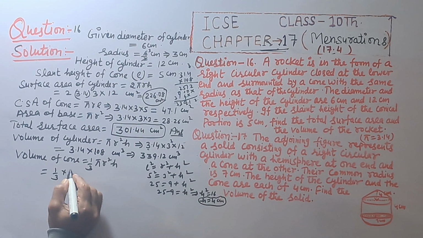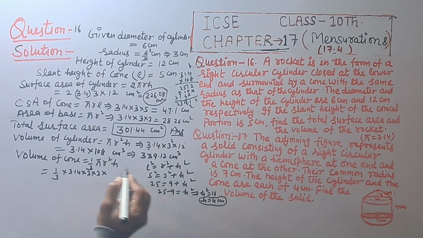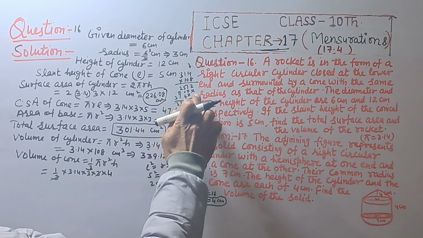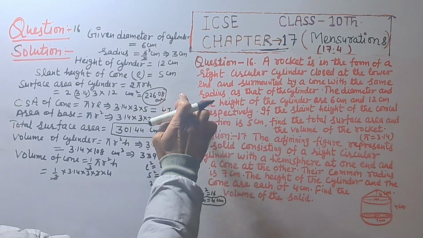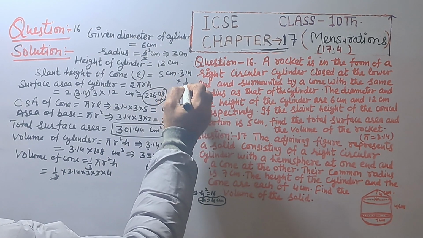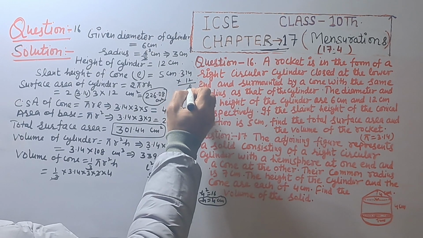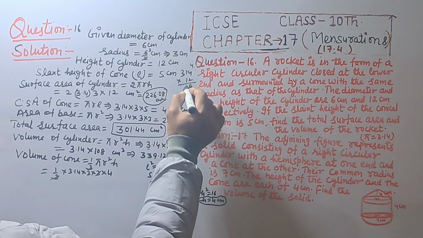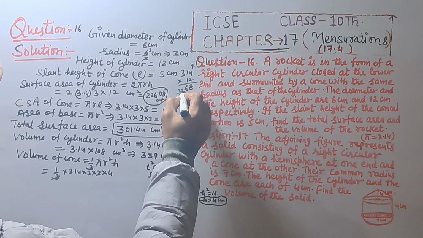So height of cone is 4. Volume is 1 upon 3 into 3.14 into 3 into 3 into height, that is 4. 3 3s cancel, 3 4s are 12. 314 into 12. 12 4s are 48, 4 carry. 12 ones are 12 plus 4, that is equal to 16, 1 carry. 12 threes are 36, 37.